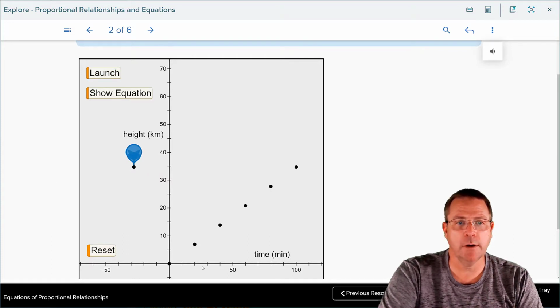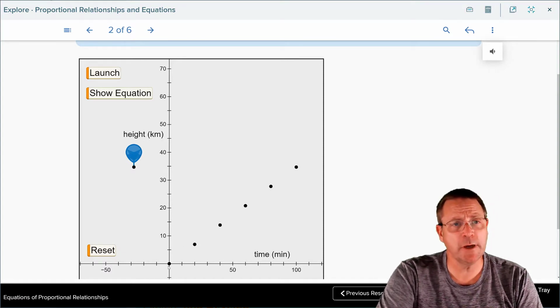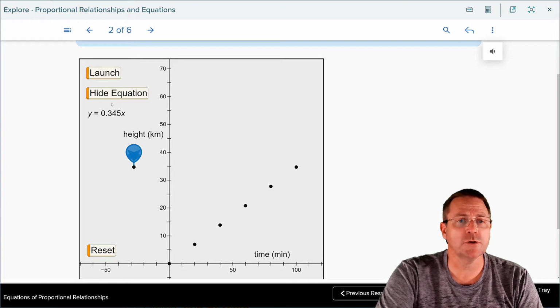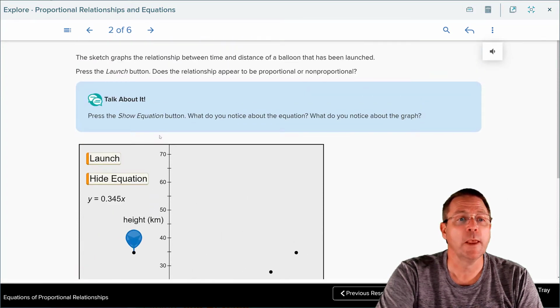It's going down into the origin, so we have a straight line right here that goes to the origin. That strikes me as being proportional. If we were to show the actual equation, you have y equals 0.345 times x is the equation that made that graph. I know that doesn't mean anything to you right now, but we will get there.